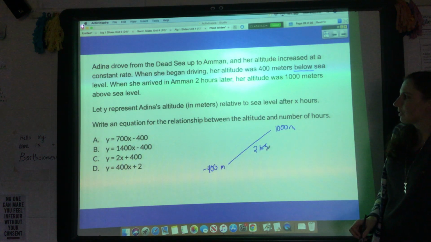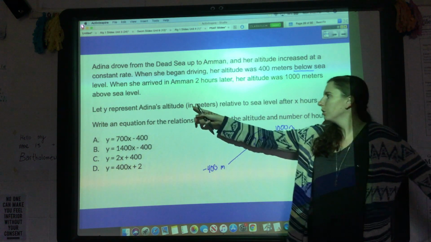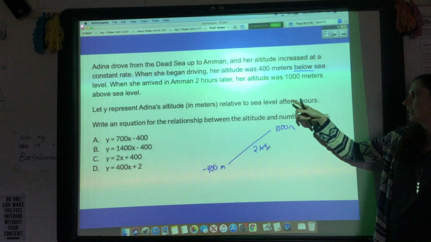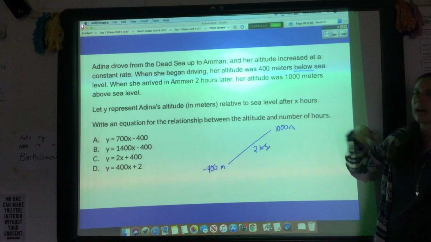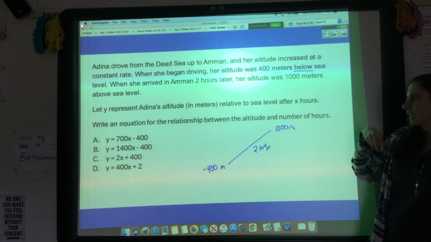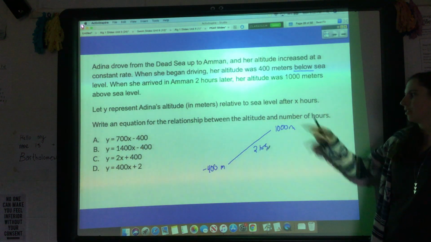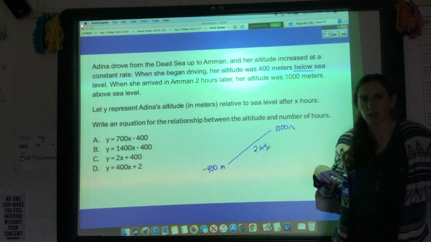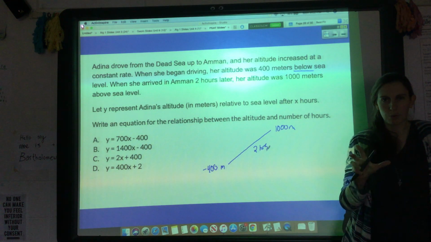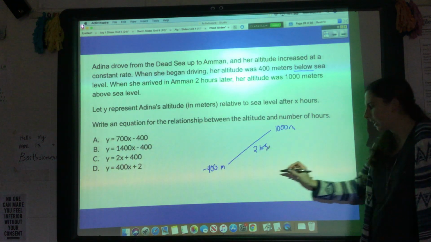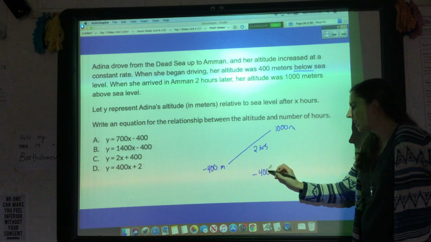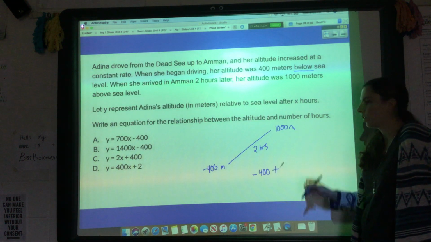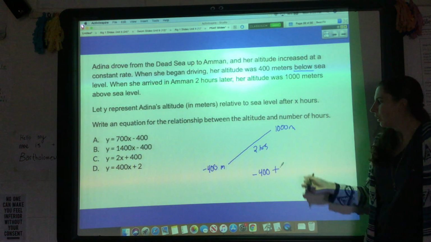So let y represent her altitude relative to sea level after x hours. So basically, how much is her altitude changing per hour. Notice that she started at negative 400. So that should be our starting point, like our y-intercept, our initial value, negative 400. And from there, we're going to add her increase per hour.